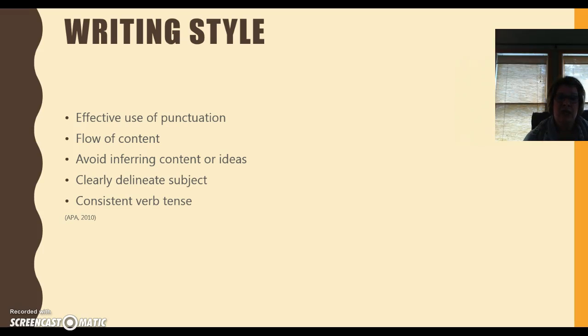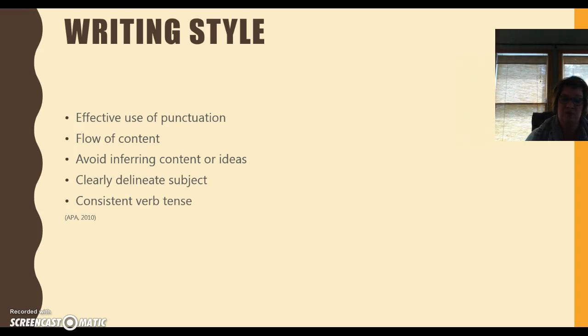So when we're looking at our writing styles, we want to make sure that we're using a professional writing style. So we want to use a good flow, as I alluded to earlier, as far as organization. We want to make sure that we're very clear about what we're writing, and we're very clear as far as our subject.